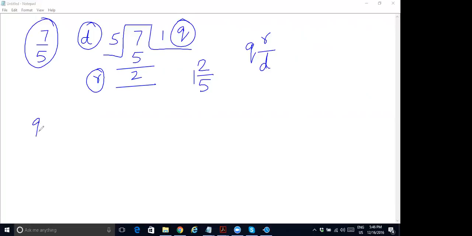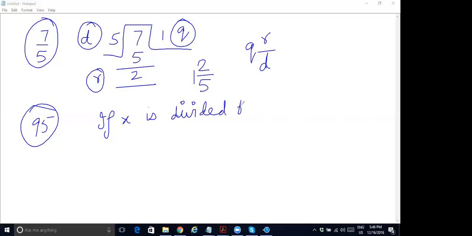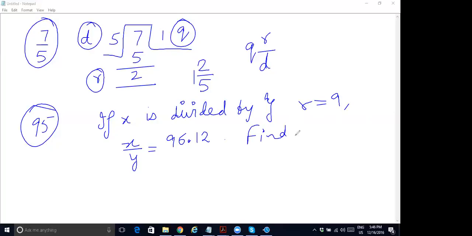Question number 95 of the official guide says, if x is divided by y, then the remainder is 9, and the value of x over y is 96.12. Find the value of y.